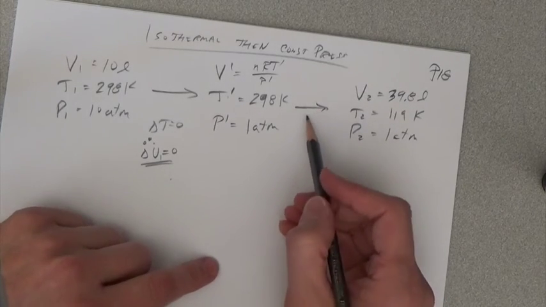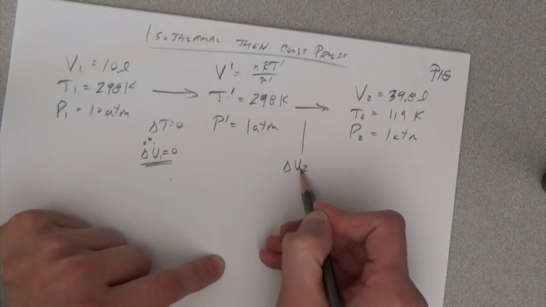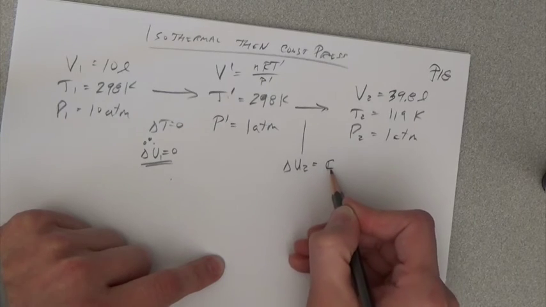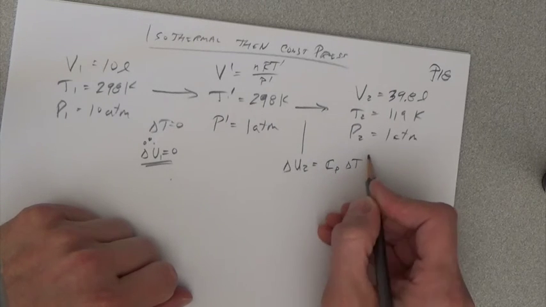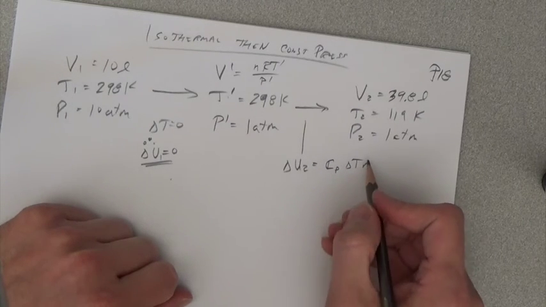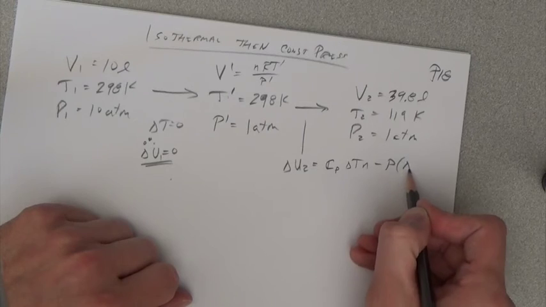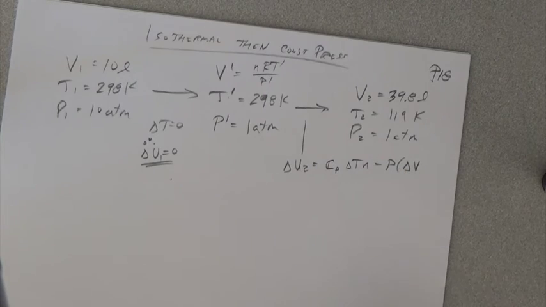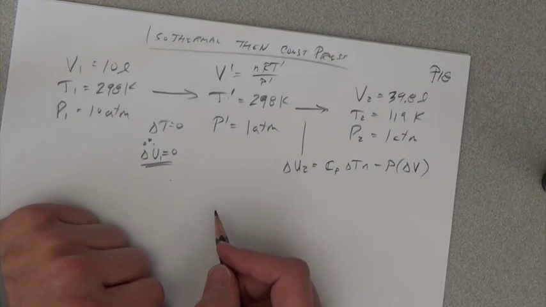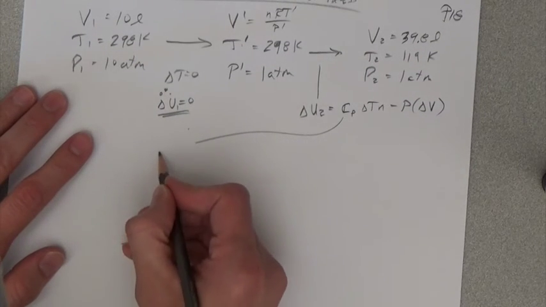Constant pressure, well, delta U2 is equal to the constant pressure molar heat capacity, times delta T times N, minus P delta V. I'll write this out.